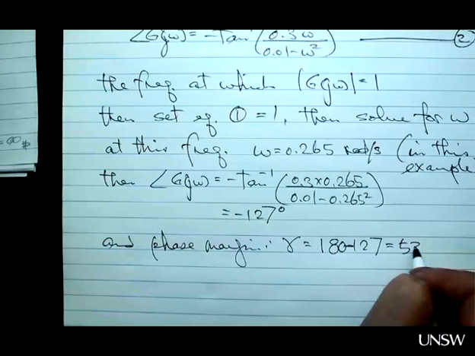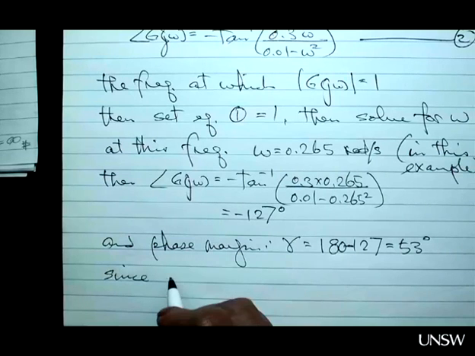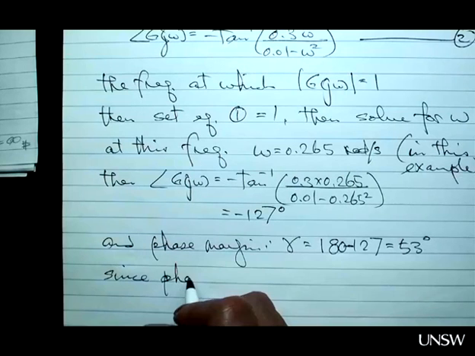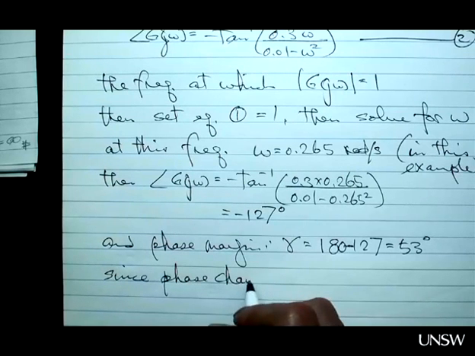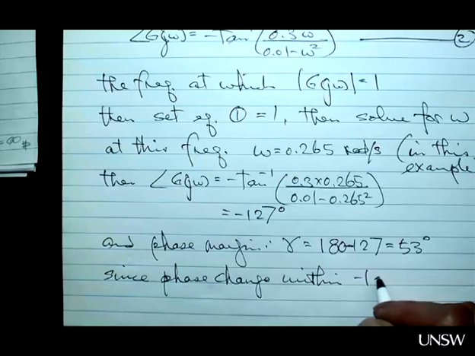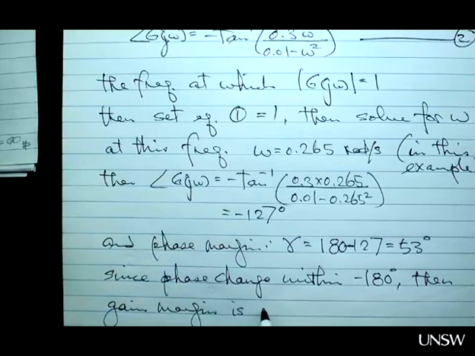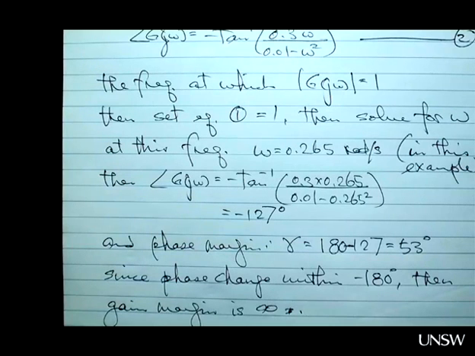And then we observe that since our phase change is within the minus 180, then the gain margin is infinite.